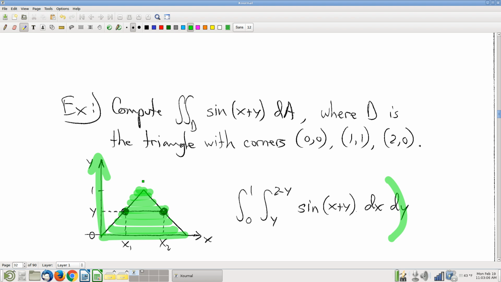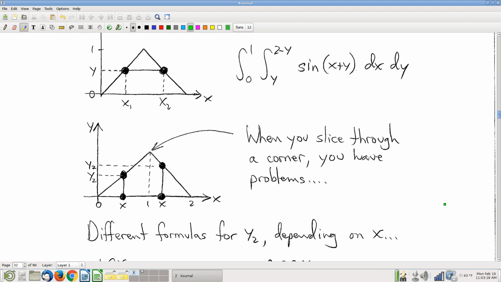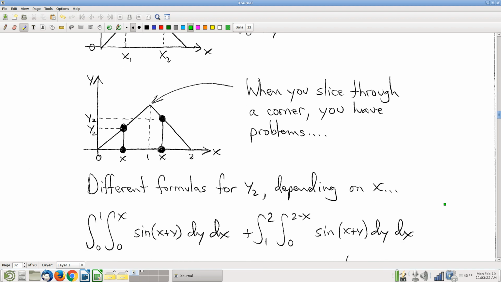Right? And look how the integral turns out, no problem. Right? I'll let you guys check the details. No problem. On the other hand, look what happens if I do it the other way. Here we go. When I do my x slicing first, you're going to want to say that that's the process, that's the picture.